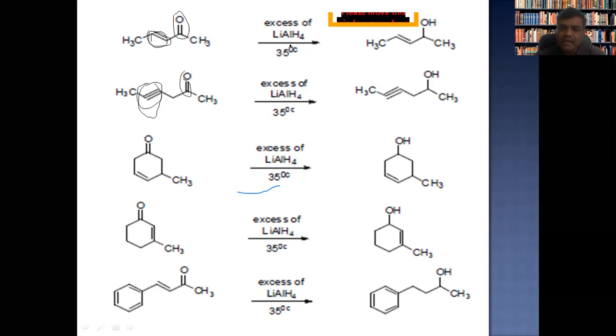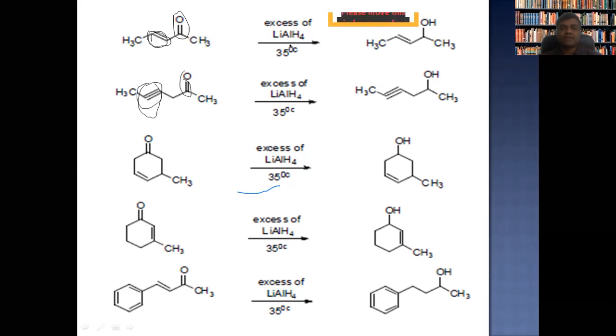Same is the case in cyanide: in C triple bond N, carbon is deficient and nitrogen has the negative charge. So there is also polarity. In that case, hydride ion can reach the multiple bond, and reduction takes place. But in case of carbon-carbon double or triple bond, that type of reduction is not possible.